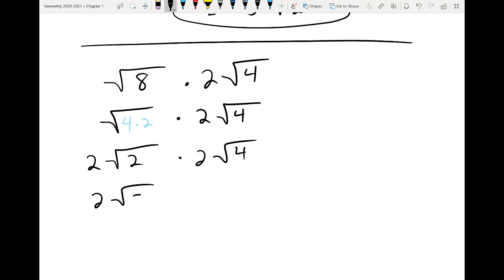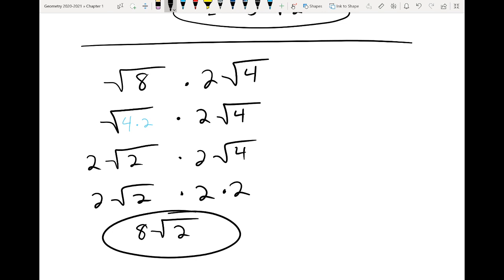We have 2 rad 2 times 2 times, well, the square root of 4 is going to be just 2. Now look what we have here. We have 2 times rad 2 times 2 times 2. All of those integers can be multiplied together. 2 times 2 times 2 is 8. And then the radical, of course, just by itself, so it's 8 rad 2.